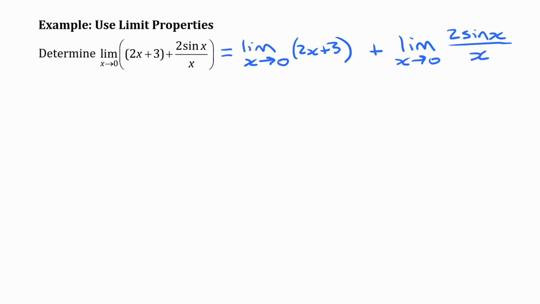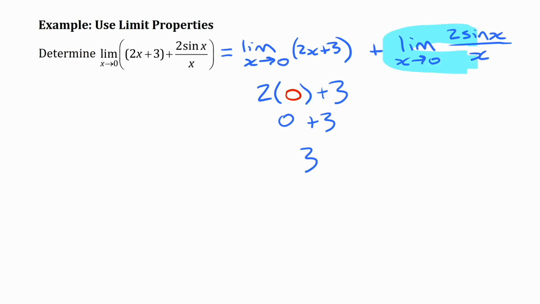The first one, we can just use the substitution property because 2x plus 3 is a line, nice and continuous, that function there. So we can just substitute in 0, and we'll have 2 times 0 plus 3, which is of course 0 plus 3, which is 3.